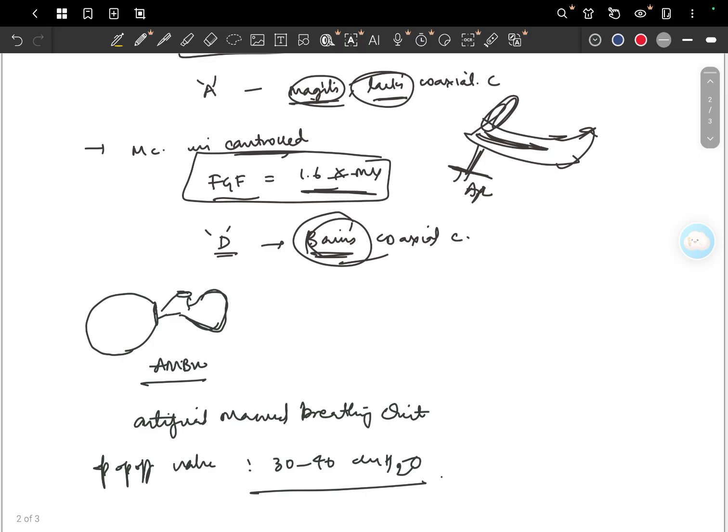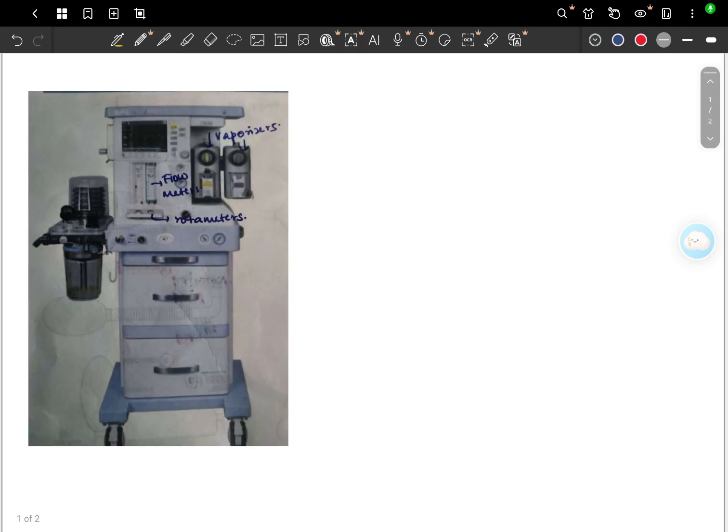Now we'll be talking about anesthesia workstation. So this is how anesthesia workstation will look like.